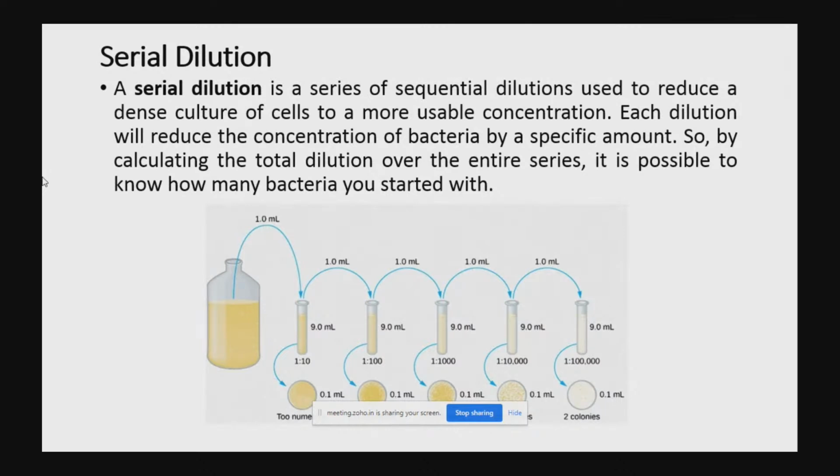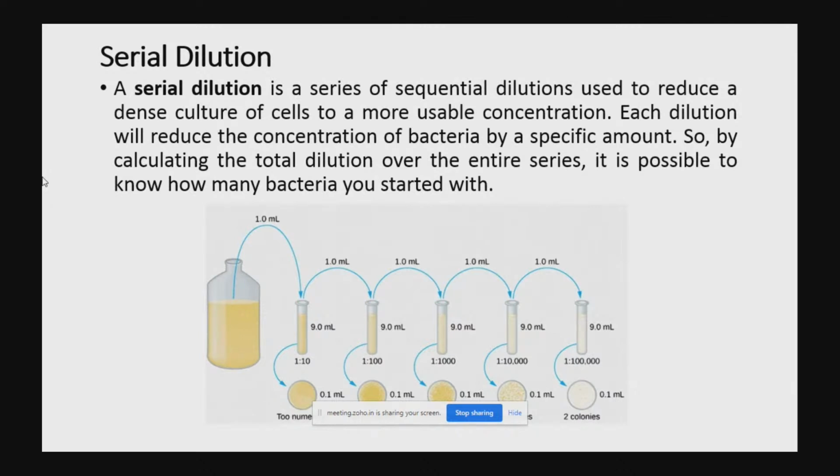Why is the serial dilution technique most important in pharmaceuticals? Because whatever testing we follow for pharmaceutical purposes, there are specific criteria to challenge the microorganism. In most of the tests, we need to challenge with not more than 100 CFU of microorganisms. So if the culture is dense, many microorganisms are present.